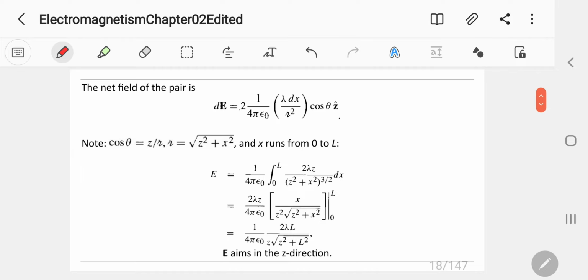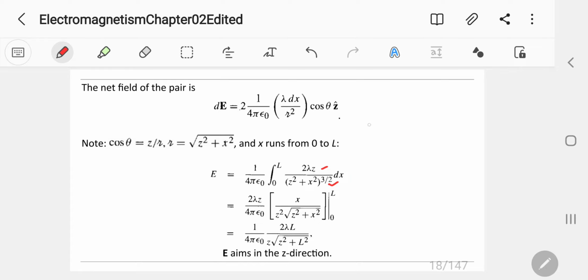So now our electric field will look like this. The 2 is placed here beside lambda, but anyway you can take that out of the integral. 2 is a constant, so 2 lambda z, z over scripted r, which is this one.